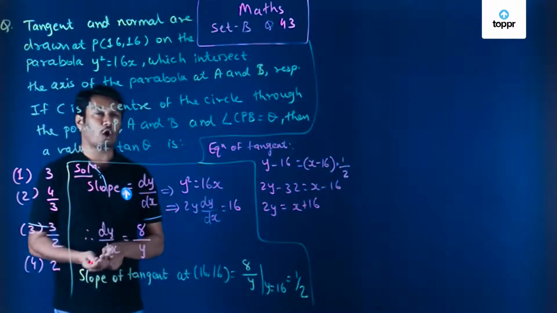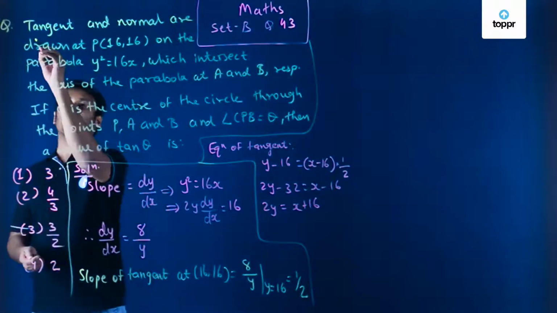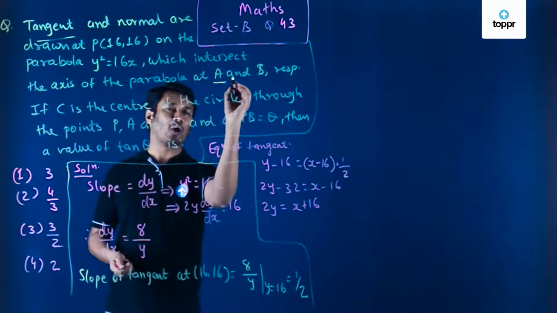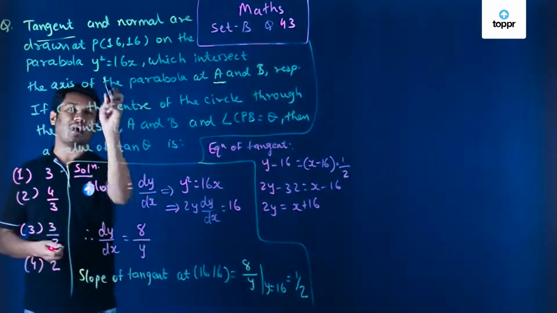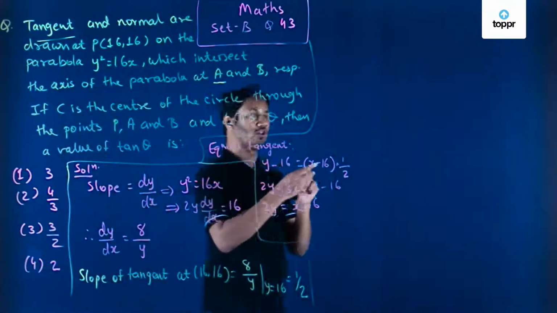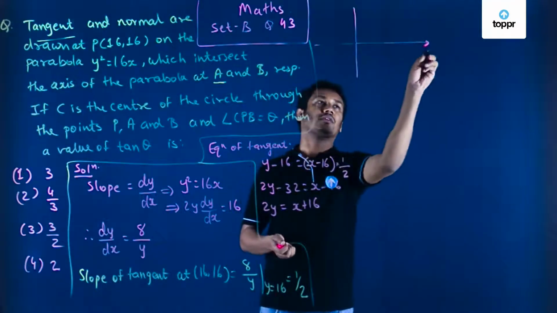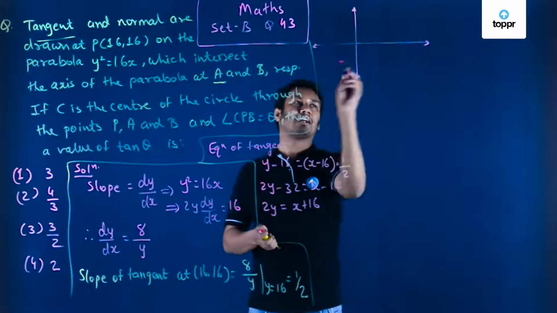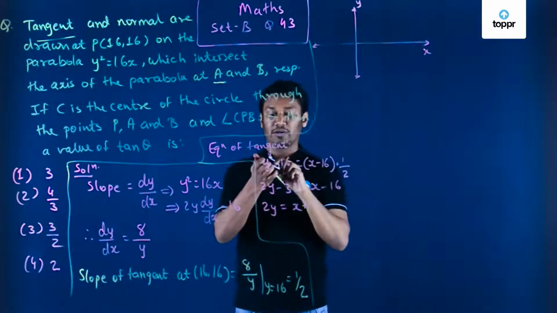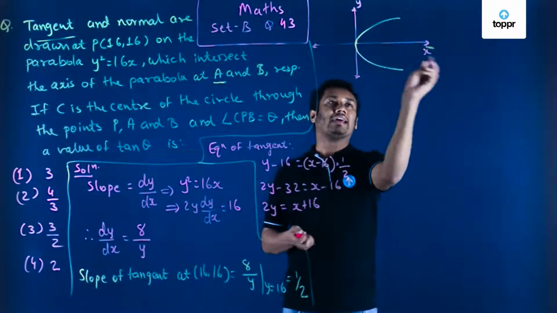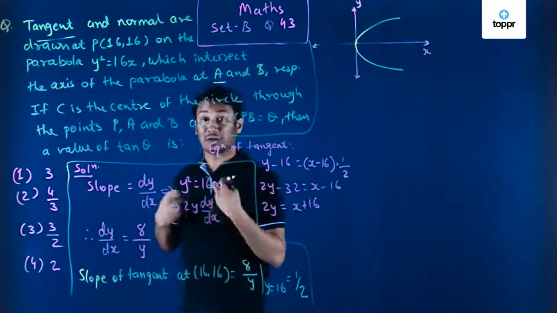Now, what will be the coordinates of point A? The question says tangent will intersect the axis of the parabola at point A. Now you can see that y² = 16x, if we try to draw this particular parabola, it's a standard parabola and it is symmetric about the x-axis. This is how the parabola will look, and hence the axis of the parabola is nothing but the x-axis.